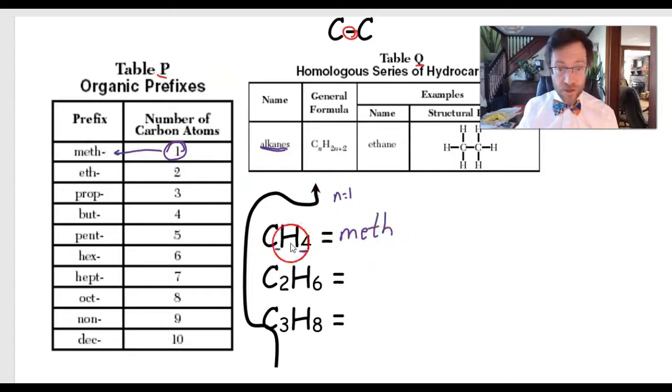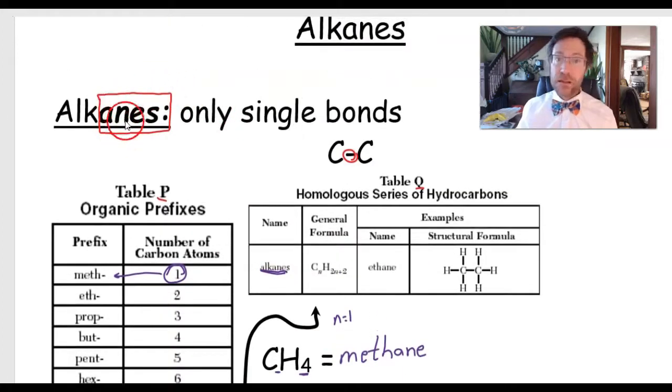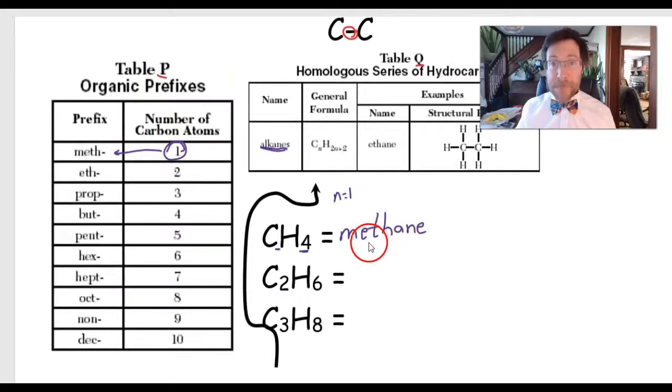And because it is an alkane homologous series, because of the carbon-hydrogen ratio, it ends in ane. That's why this was in bold: if it's an alkane, it ends in ane. So that is methane.